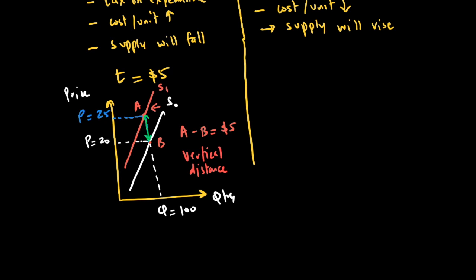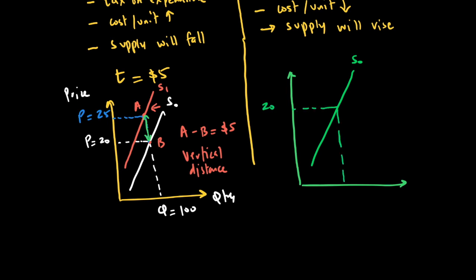Similarly, if I'm giving a subsidy of, let's say, $5, let's say this is my initial supply curve, and my price is $20 and the quantity is 100, and the government decides to give a subsidy, let's call it sub, of $5, the supply curve will now shift to the right by that amount, where this vertical distance AB will now be my amount of subsidy.